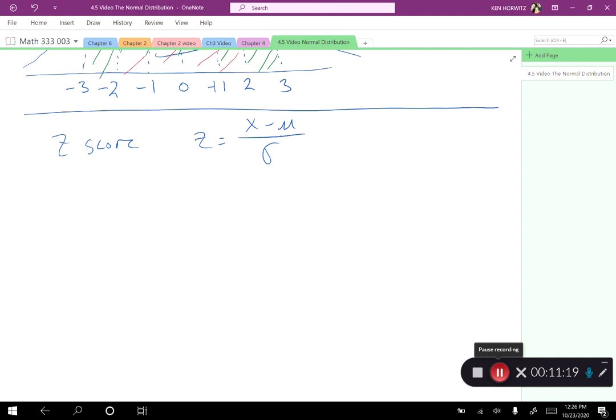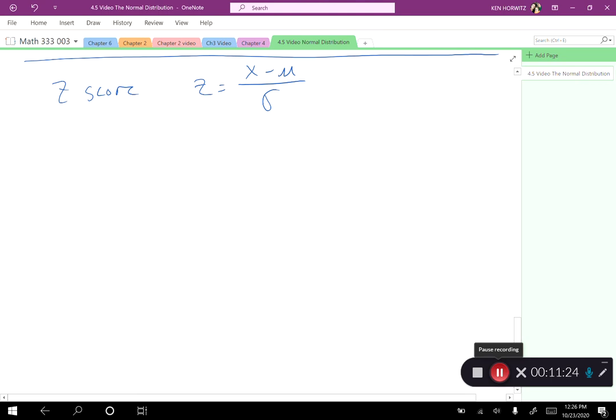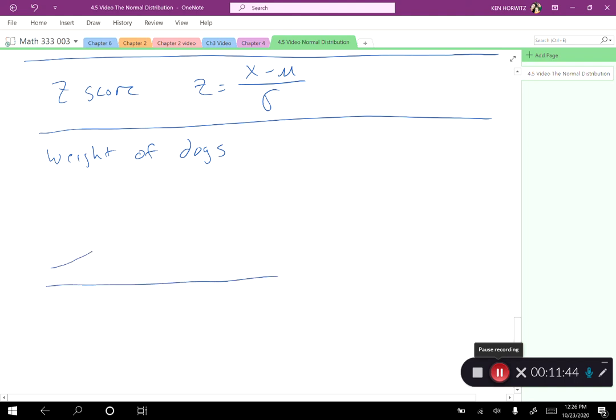All right. So I'm going to do a fairly random example. So I'm going to say that if we have a distribution for the weight of dogs, let's say, and I didn't look up these numbers, I just kind of created the problem.